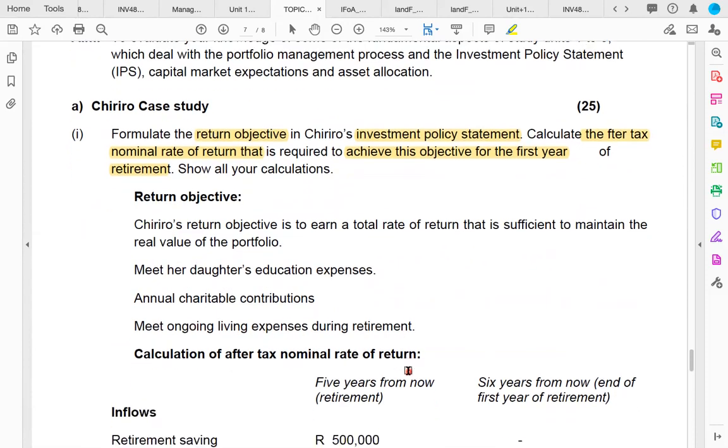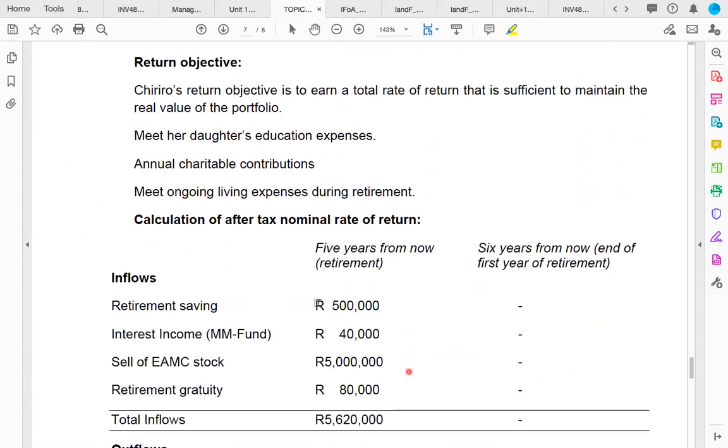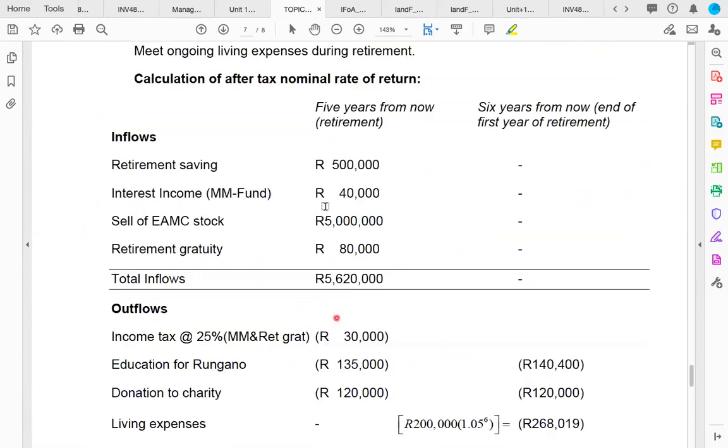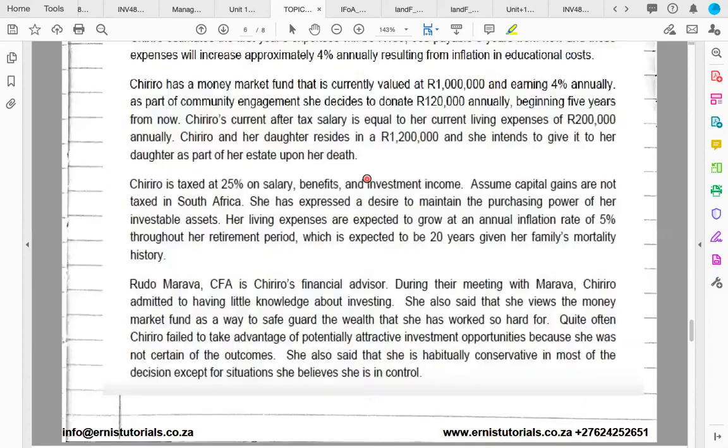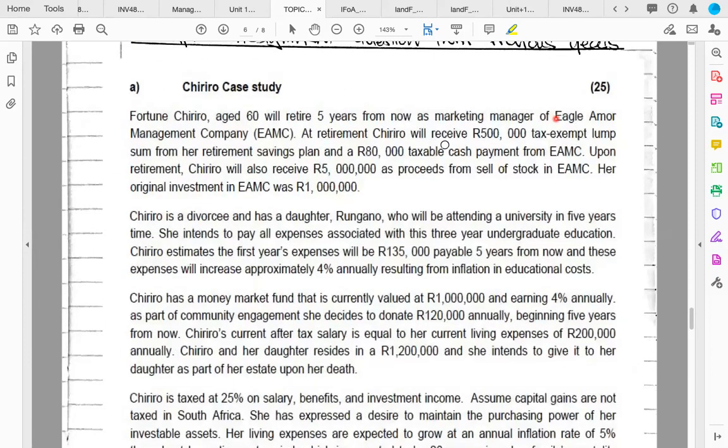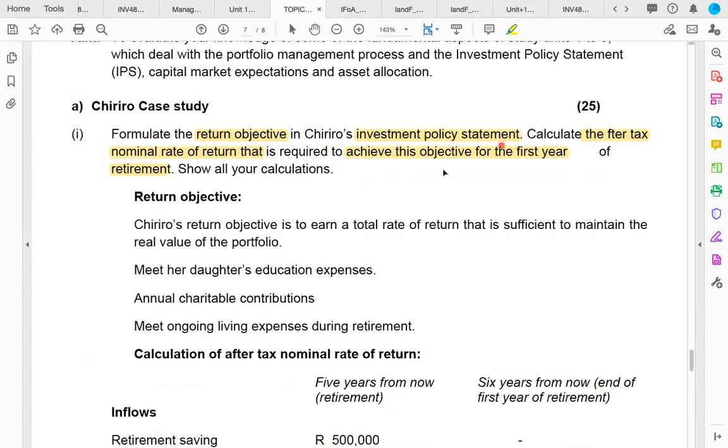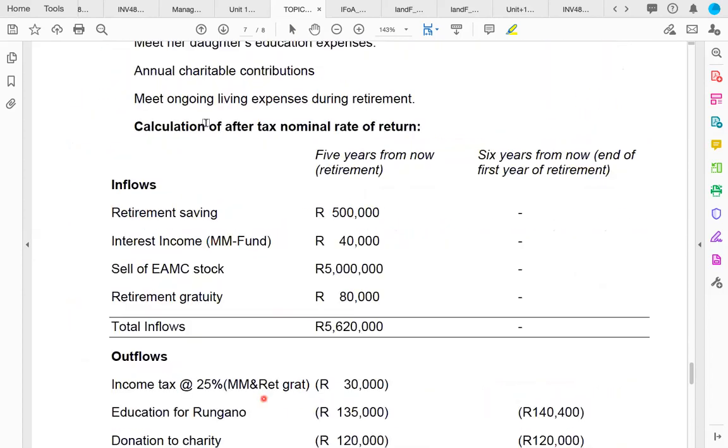So 5 years from now, we can actually write down the inflows she's going to expect to receive. She's going to receive a retirement saving of 500,000. Okay, so I've stated the return objectives. I'm now at calculating the after-tax nominal rate of return.